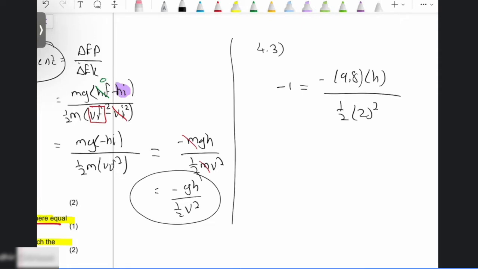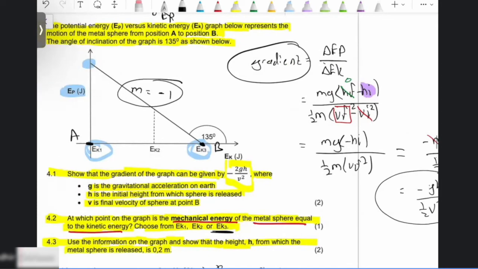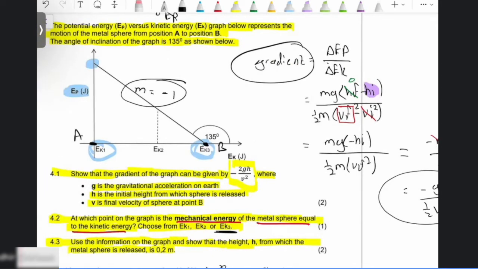Someone asked where the -1 came from. I should have explained.